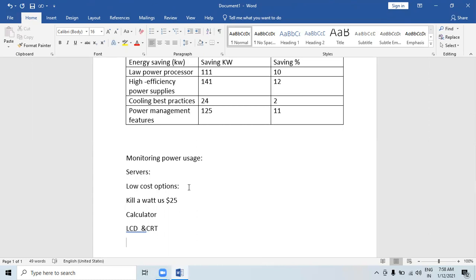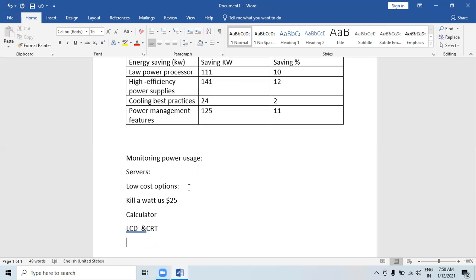Then compare the same monitor under two different operating scenarios. For example, see how much cost saving you could achieve by implementing monitor sleep mode instead of leaving it running at full power when not in use.